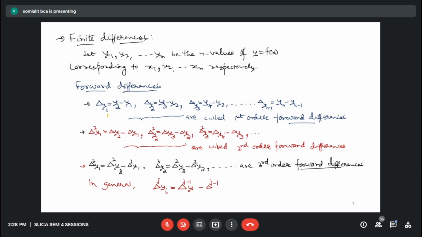So here, this is sometimes called forward difference table. Let me write here. This is forward difference table. Okay.